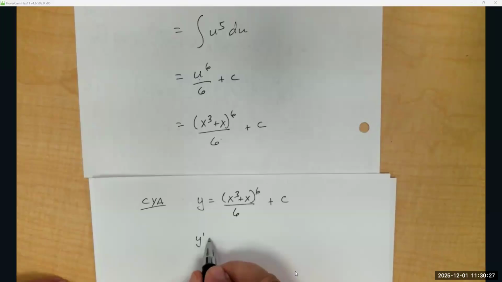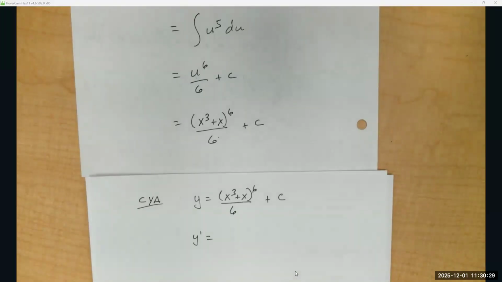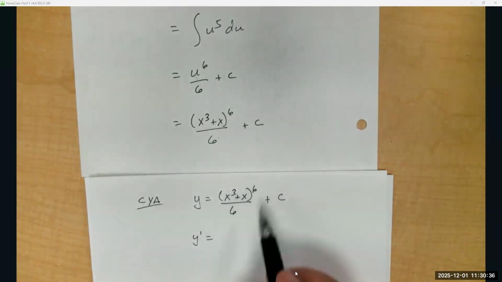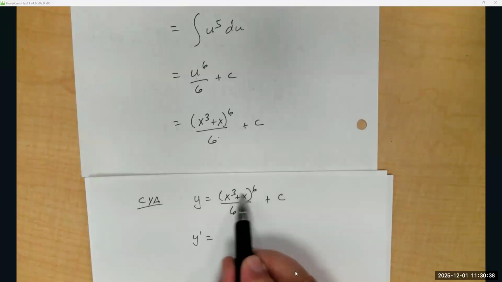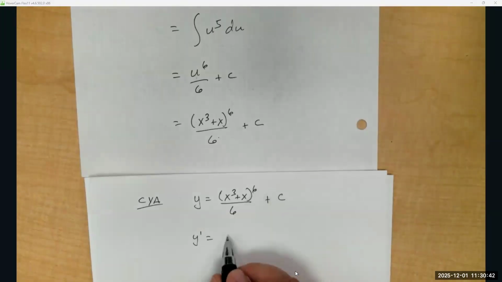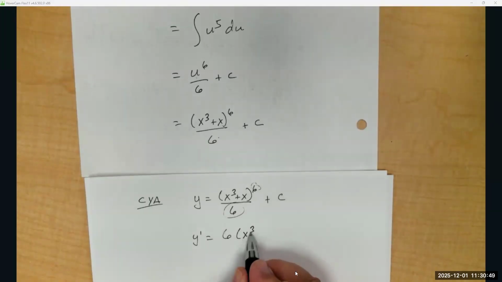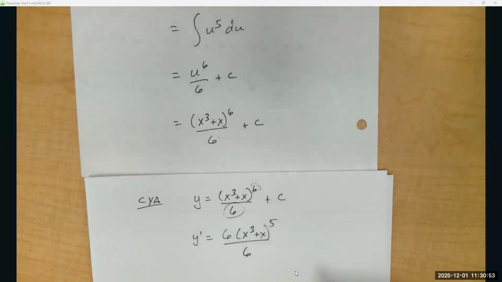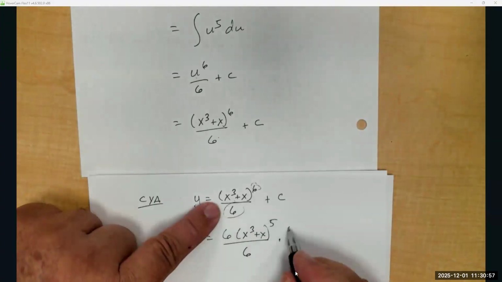So what is our derivative of that? Well, this is a chain rule. We have this inside equation and outside. So take the derivative of the outside. This one stays on the bottom. So we have 6 times (x cubed plus x) to the 6 minus 1, which is 5, all over 6, times the derivative of the inside.